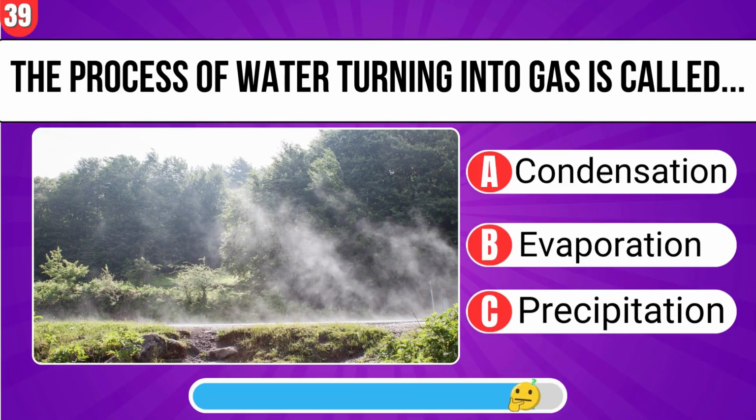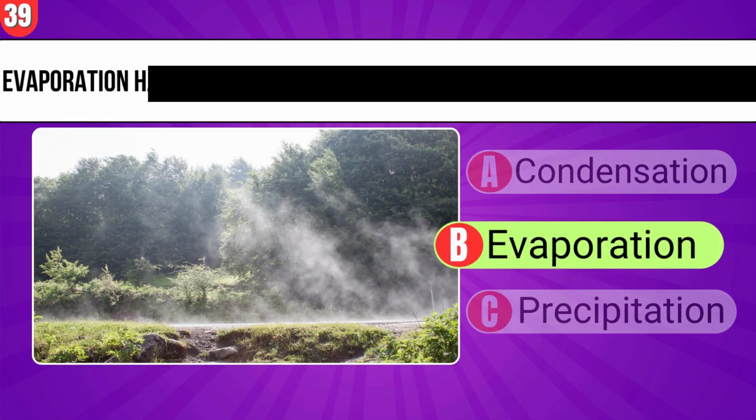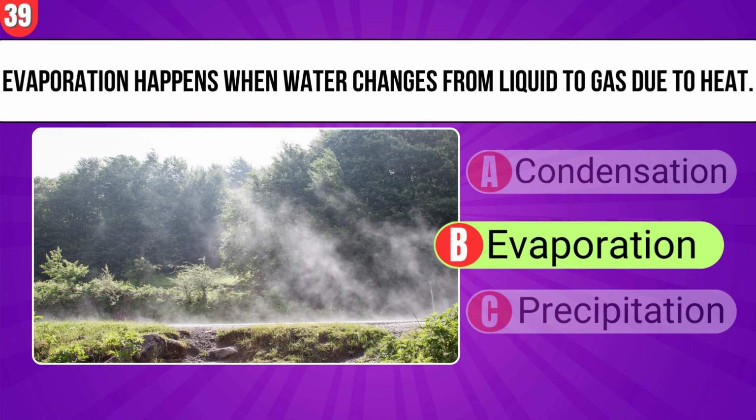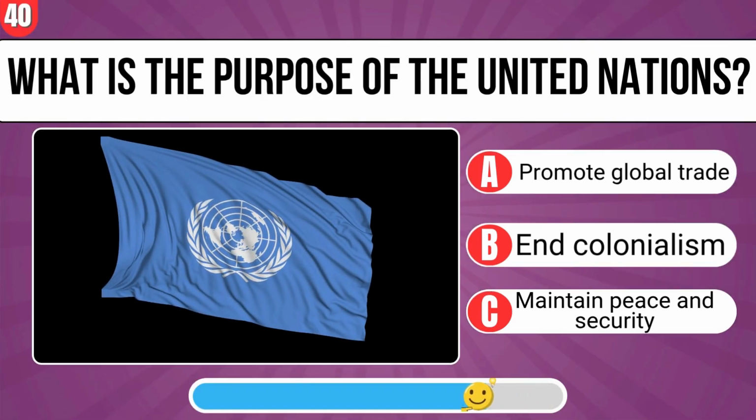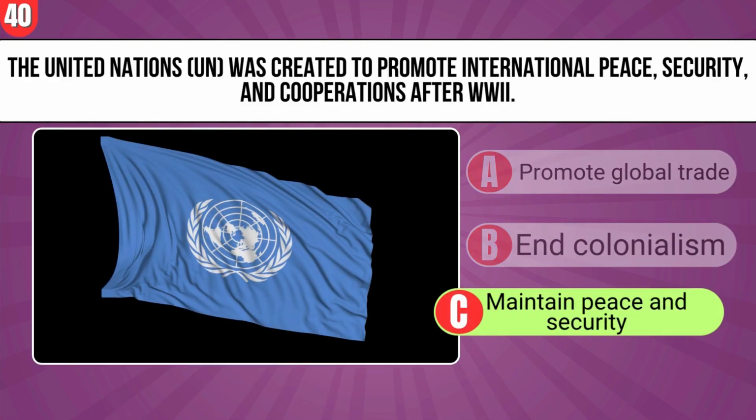The process of water turning into gas is called evaporation. What is the purpose of the United Nations? The United Nations was created to promote international peace and security.